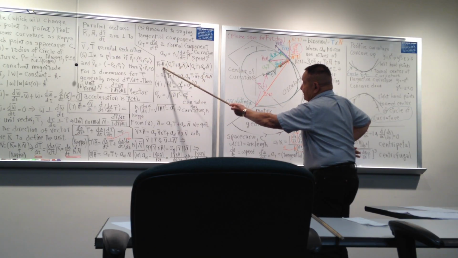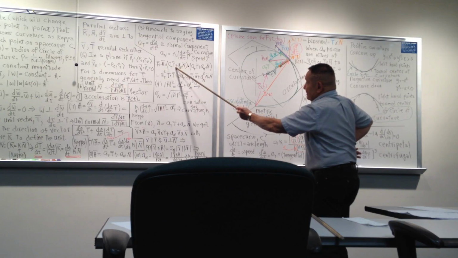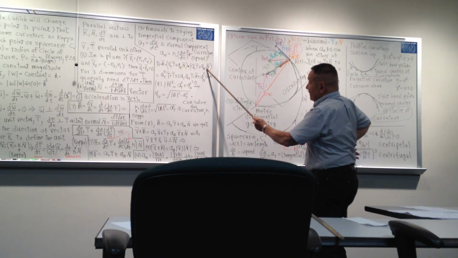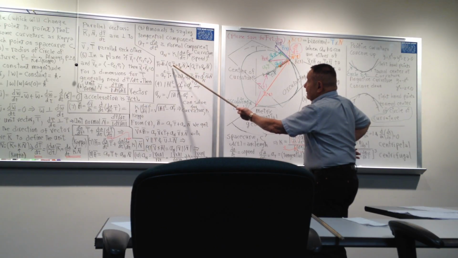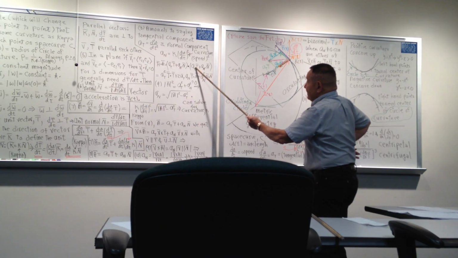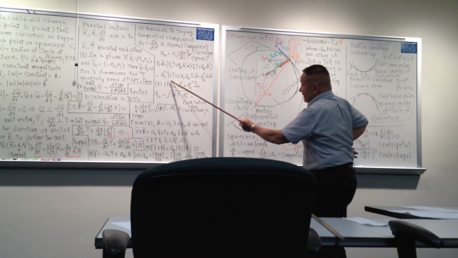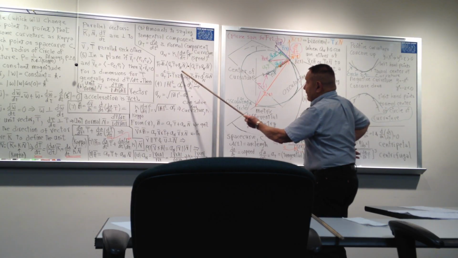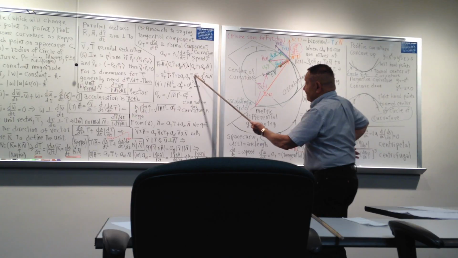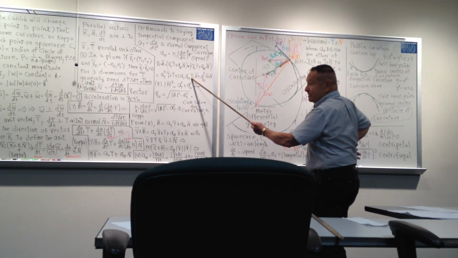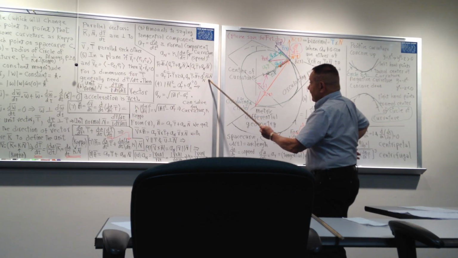Then if you dot this acceleration with itself, having written it in component form, you'd have T dot T, that's a unit vector dotted with itself, so that's just a sub T squared. And then T dot N, they're at right angles, so that's 0. And then N dot N, that's a unit vector with itself, so you get a sub N squared.